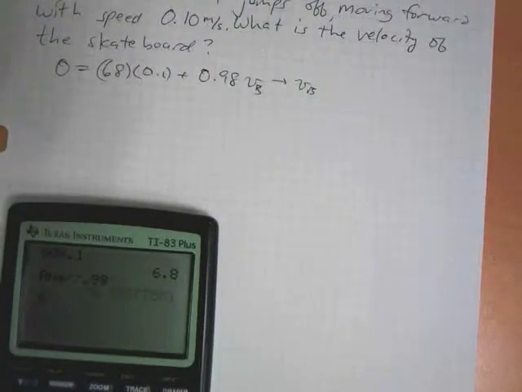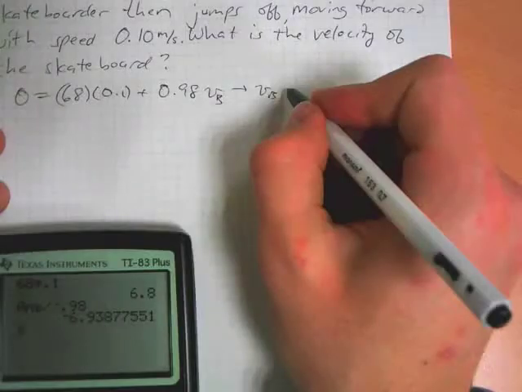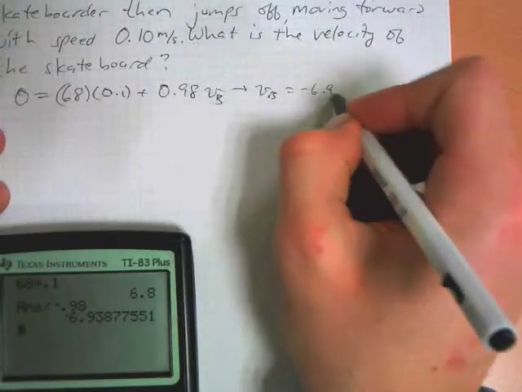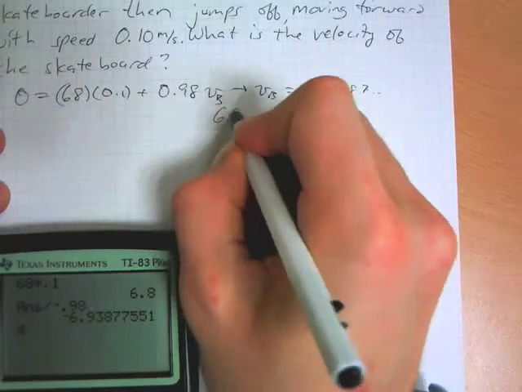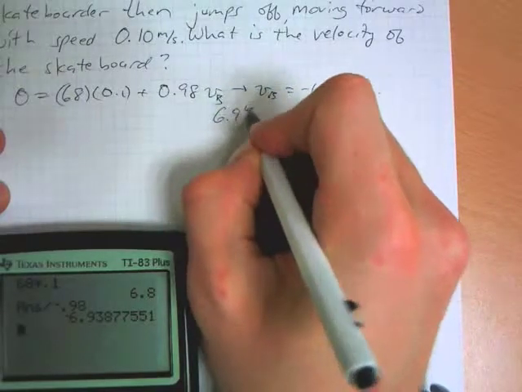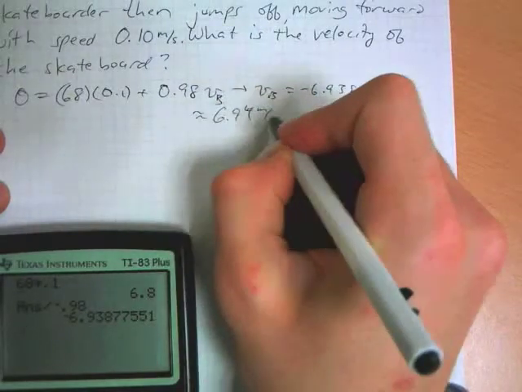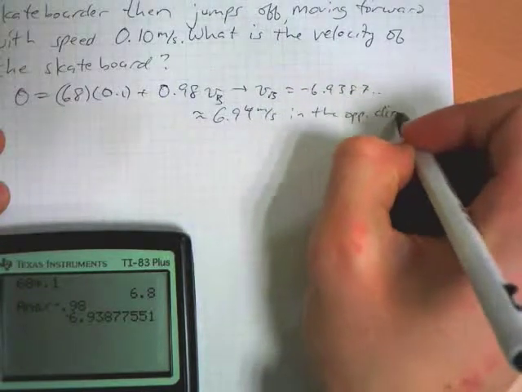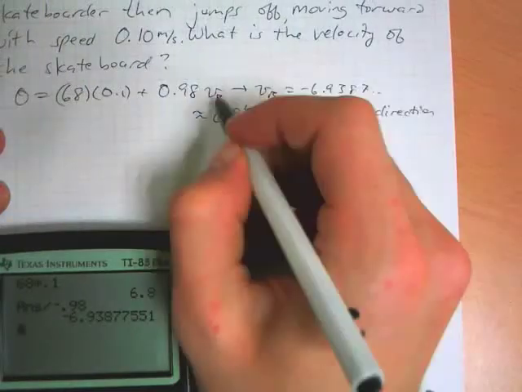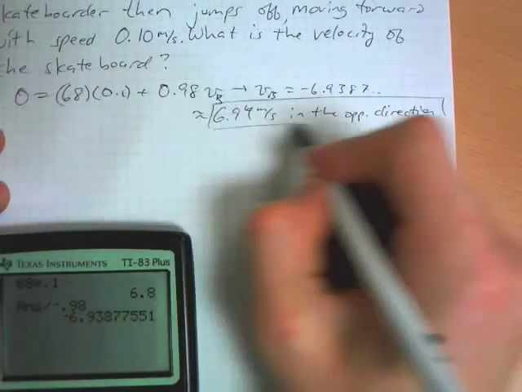We get the velocity of the skateboard is minus 6.9387, or about 6.94 meters per second in the opposite direction from where the skateboarder is moving.